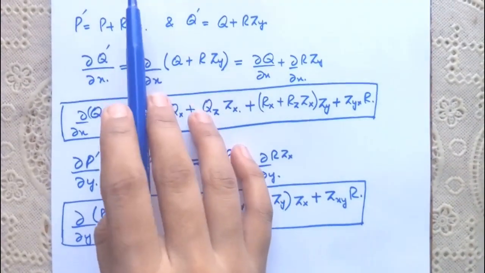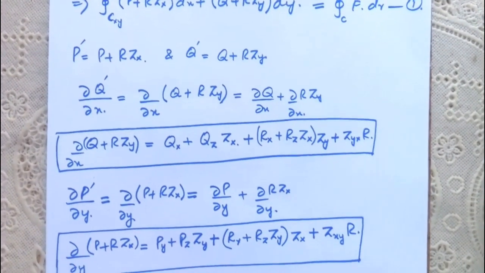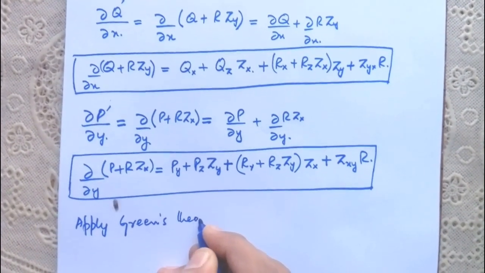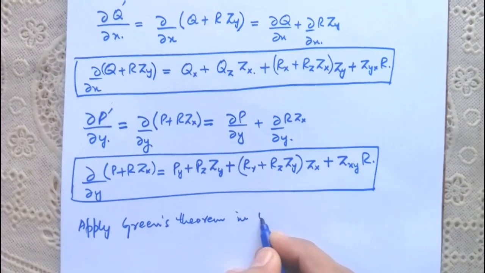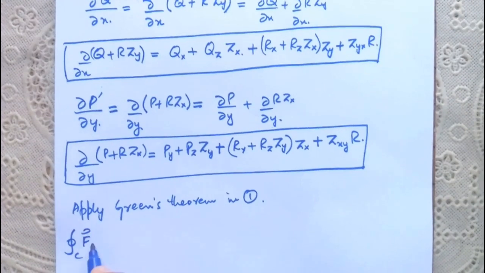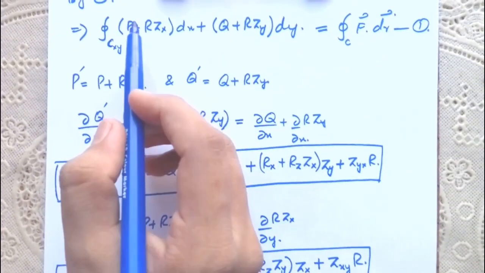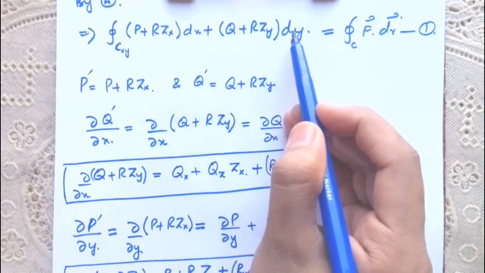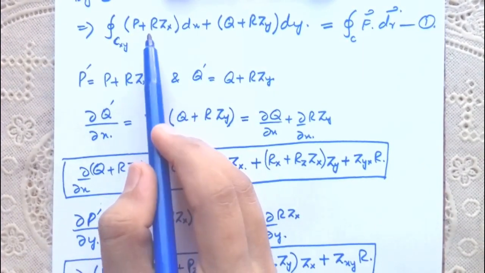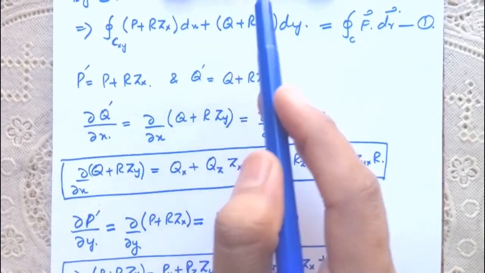Now we are able to apply Green's theorem here. So equation 1, and apply Green's theorem in 1. So it becomes line integral over the closed curve C of a vector field f dot dr is equal to, after applying Green's theorem here, meaning here p dash dx plus q dash dy is equal to double integral over the region R of partial of q dash with respect to x minus partial of p dash with respect to y times dA.